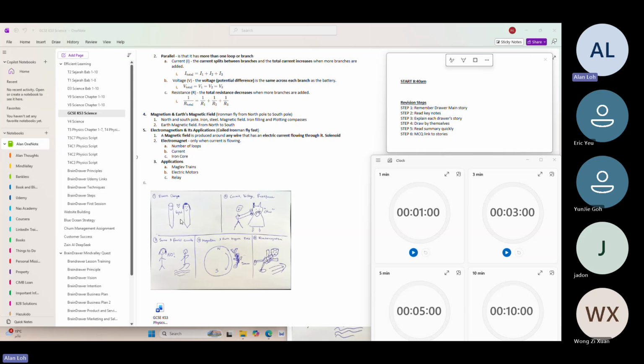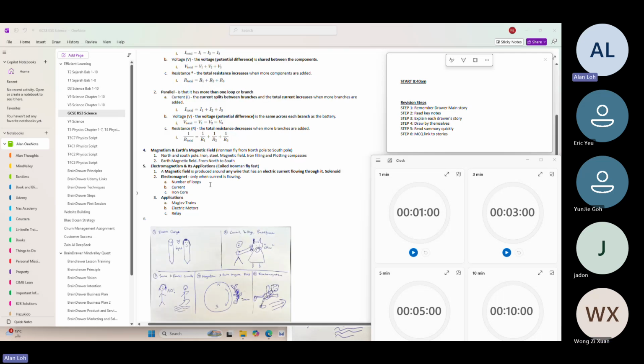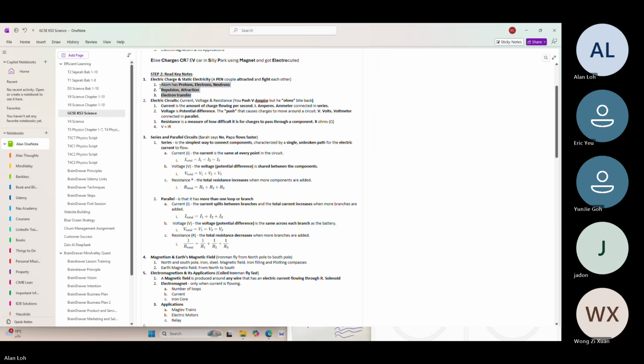And those items help you to retain the story related to the items. And that story will help you to retain the information inside each drawer, right?